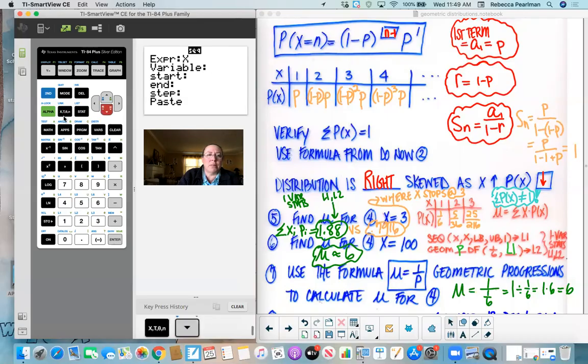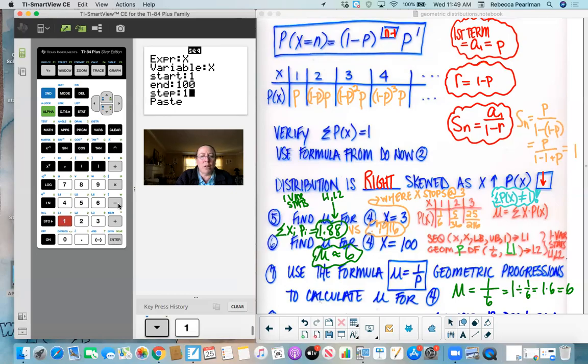This time we're not going to start with 0. In binomial land, we start with 0 because there could be 0 successes. In geometric land, we're waiting for our first success, so it couldn't happen before the first trial. So we're going to be starting at 1 and ending at 100, and we want to go up in increments of 1.